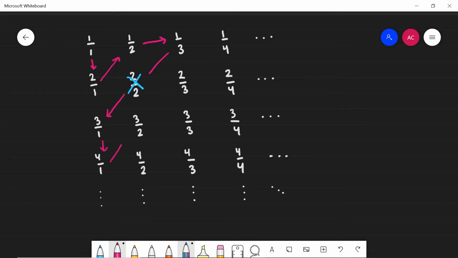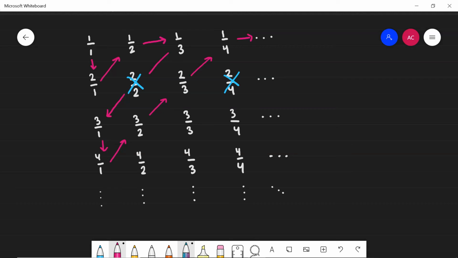Then I go to 3/2, and then I go to 2/3, and then I go to 1/4. And then I would go over here to 1/5. Then I would go back down to 2 over 4. But 2 over 4 is already on the list, so I don't want 2 over 4.